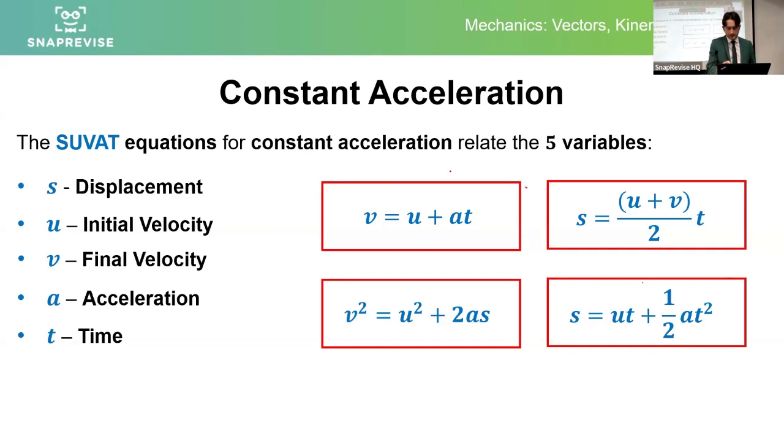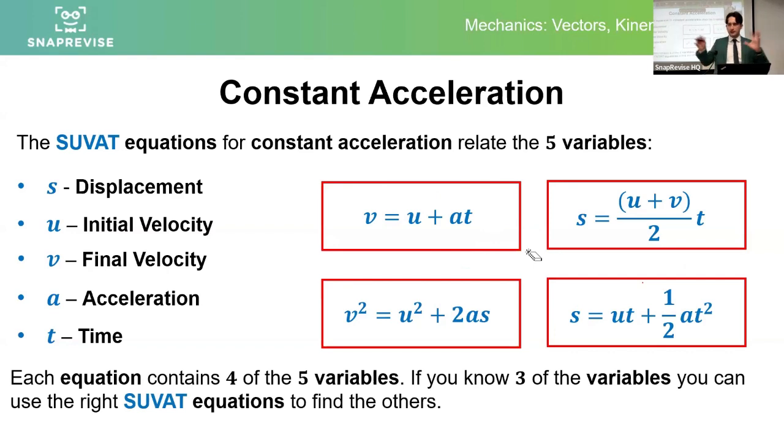V equals U plus AT. S equals U plus V over 2 times T. V squared equals U squared plus 2AS. So it's basically knowing what they are, how to rearrange them, and looking at what we have and what we want. I would always list out what ones we have and what ones we don't have. By combining them in different ways, you can actually generate the other ones.